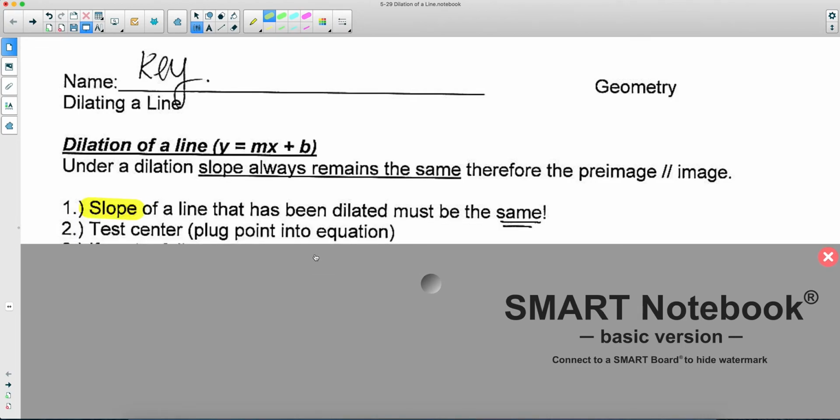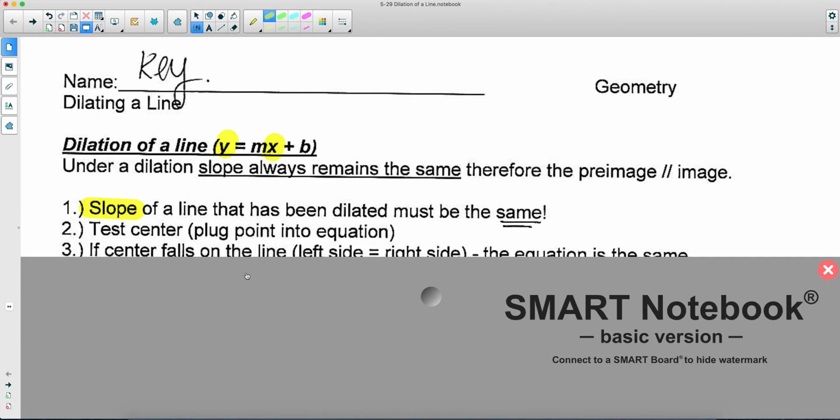Next, we're going to test the center. What does that mean? Anytime you test a point in terms of an equation, you plug it into the equation. Remember, a point represents an x and a y value, and in an equation we have an x and a y value that we can substitute for. And this is the important part.